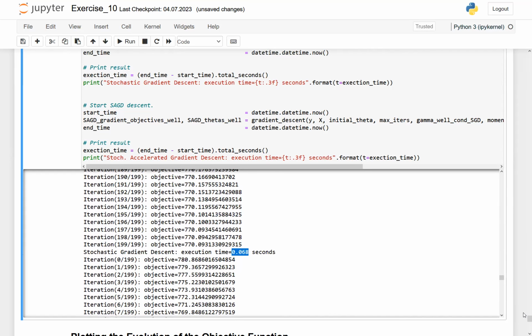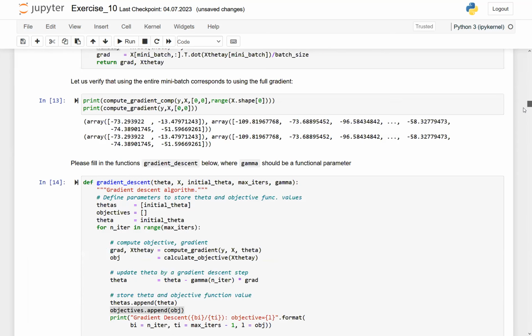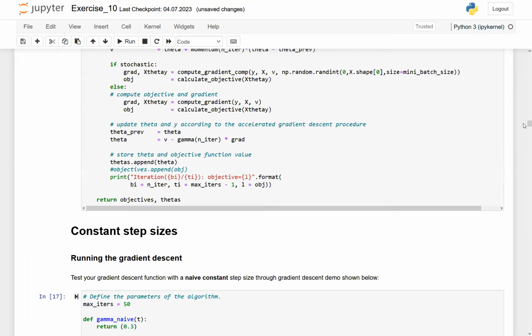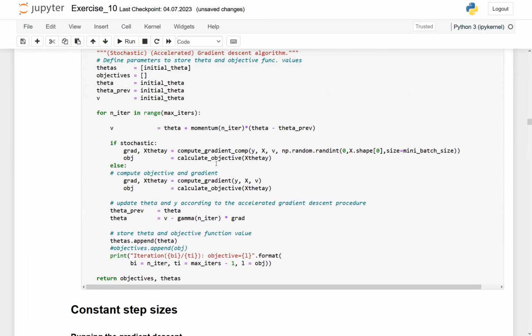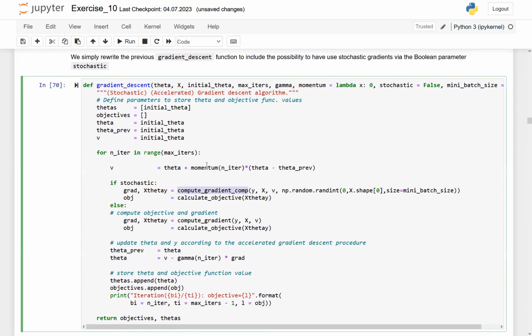Okay, I guess there's something. Well, of course. This was not enough to just uncomment this. We would have to look into the compute gradient methods where this x theta i computation is.